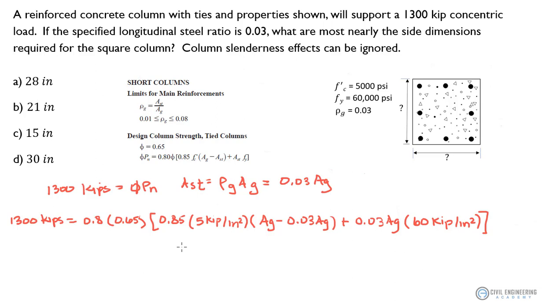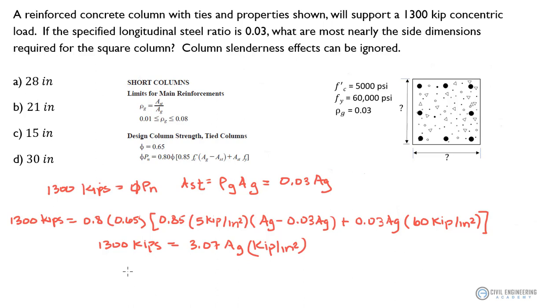Okay, so we grind through that, and we should come up with 1,300 kips is going to equal, I won't go through all of the iterations here, but if you grind through all of that, you should end up with 3.07 AG, and your units are kips per inch squared.